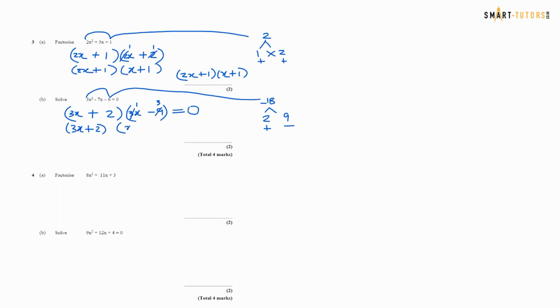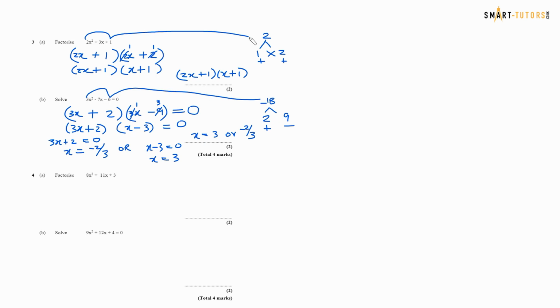So the answer is x minus 3 equals 0. But it's a solve equation, so 3x plus 2 can be 0, so x equals minus 2 over 3, or x minus 3 can be 0, x equals 3. So the answer is x equals 3 or minus 2 upon 3.